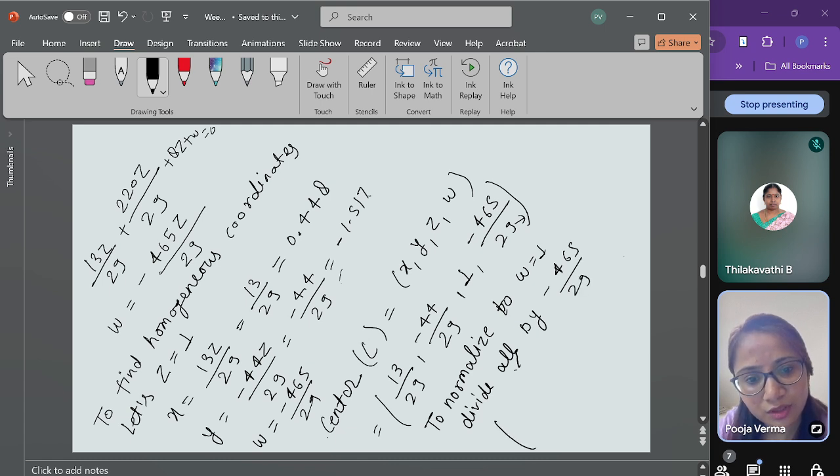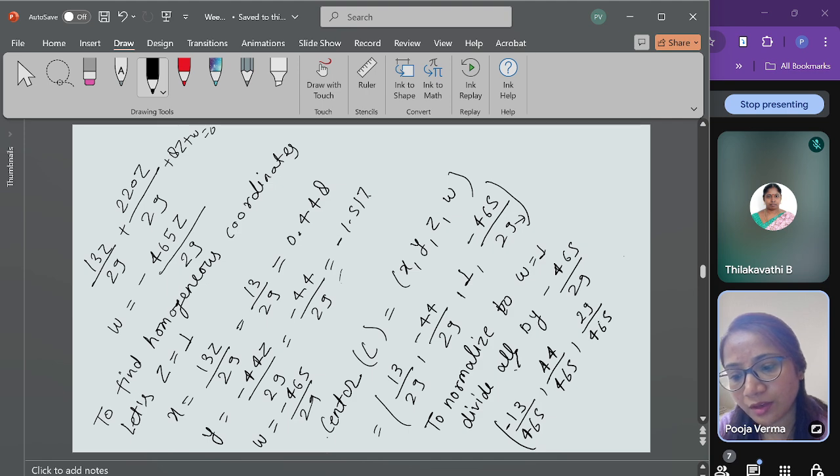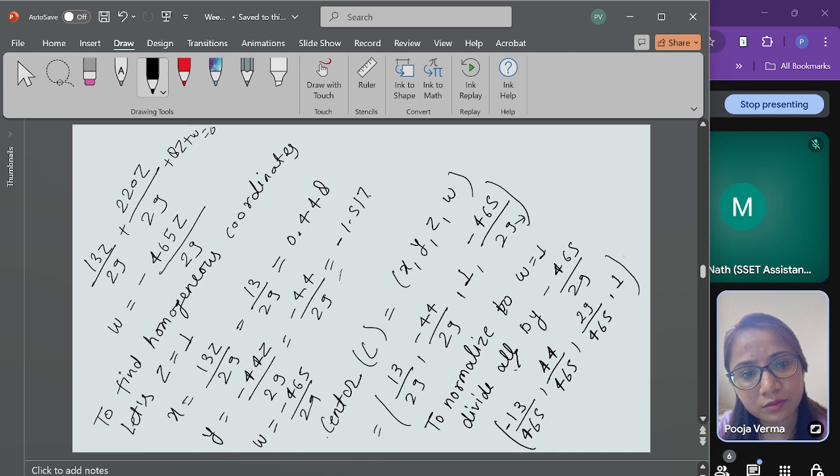If you divide, you will get minus 13 divided by 465, right? Here also, minus minus will be plus, so 44 divided by 465, because 29 will be cancelled out, and here you will get 29 divided by 465, right? And comma 1, with the minus here also.